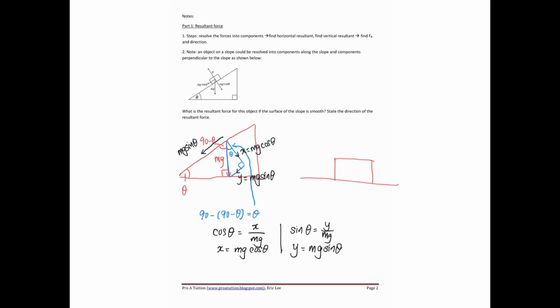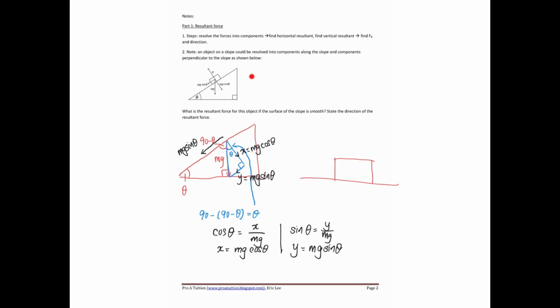But for inclined planes, the relevant components will be the component parallel to the plane and perpendicular to the plane. Parallel to the plane will affect the acceleration of the object. Perpendicular to the plane will affect the normal. The normal is equal to mg cos theta.